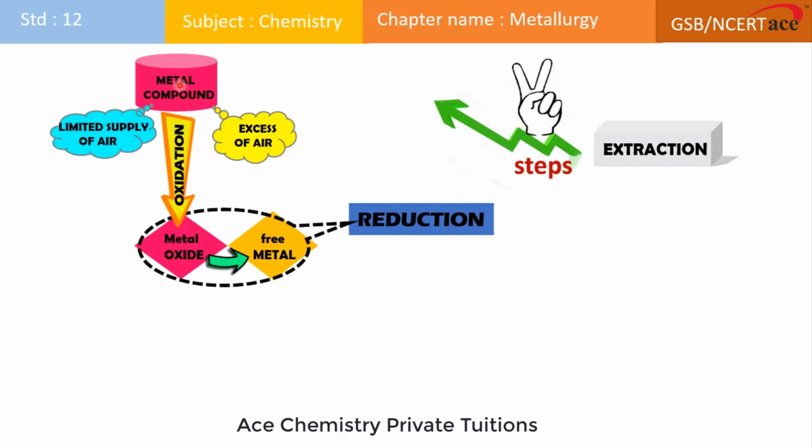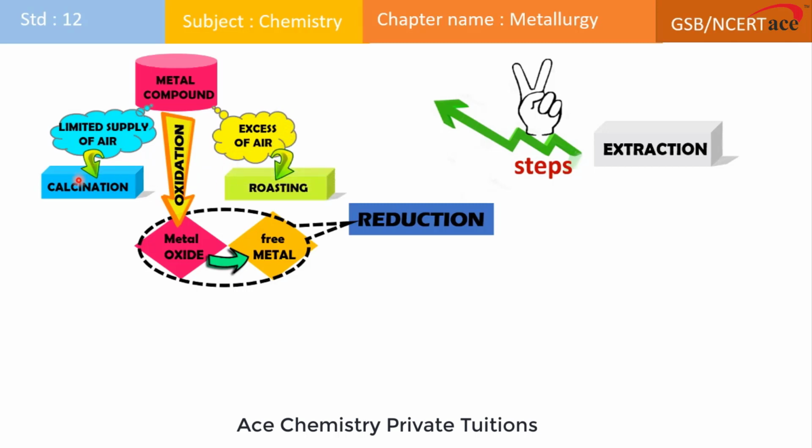So if the metal compound is converted to metal oxide by heating in a limited supply of air, then this process we refer to as what? Calcination. Generally, we apply calcination for carbonate ore of the metal. And if the ore is heated in excess of air, then this process is referred to as what?